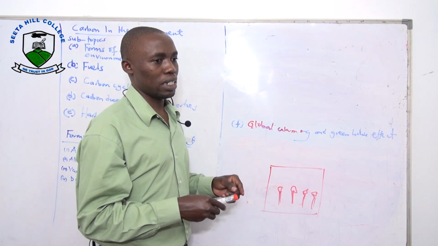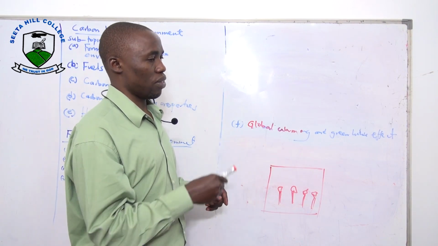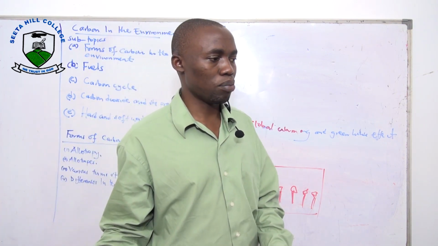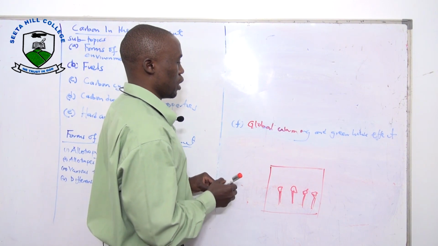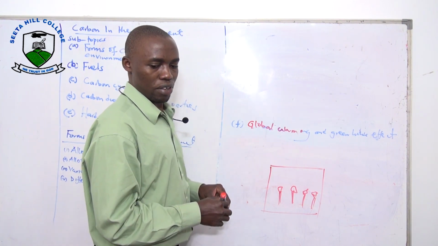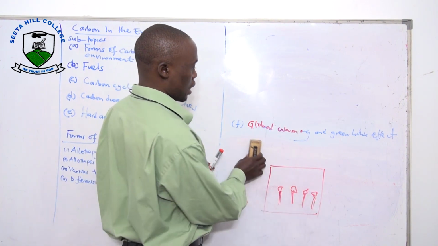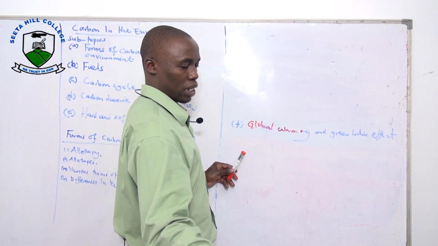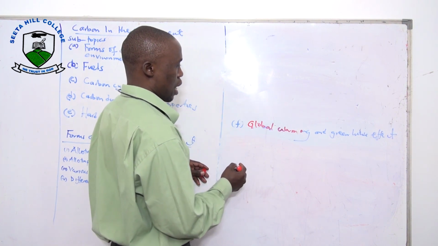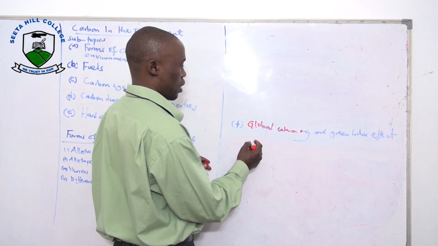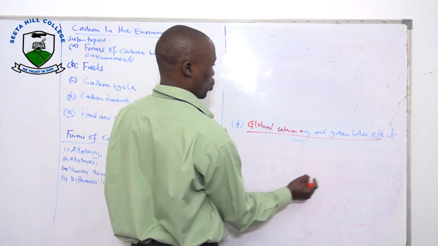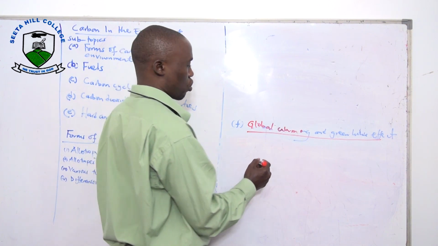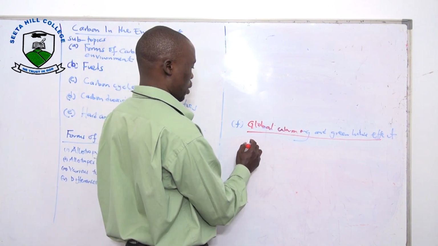On Earth, there are some gases called greenhouse gases in the atmosphere. Greenhouse effect is an effect that results into the heating up of the Earth due to greenhouse gases. And the heating up of the Earth is called global warming.